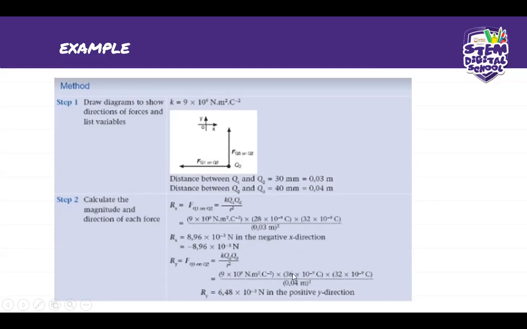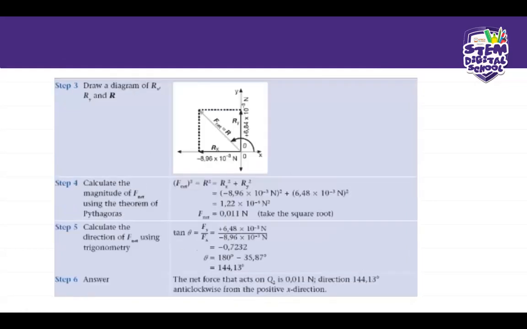Okay, then we have our y-axis in the positive y direction, so it's all in this direction. Okay, so now we still need to find the resultant. So now we can draw our diagram of Rx, which is this one, and Ry. So now we're looking for the resultant force between them, right? So this here will be our resultant force. So let's calculate the resultant force of F net.